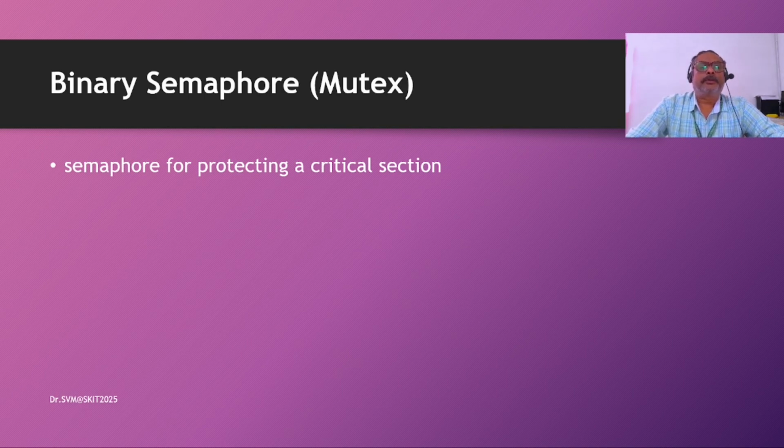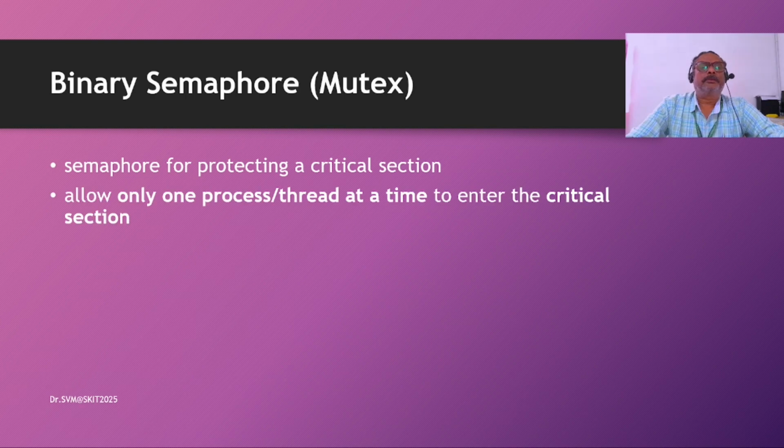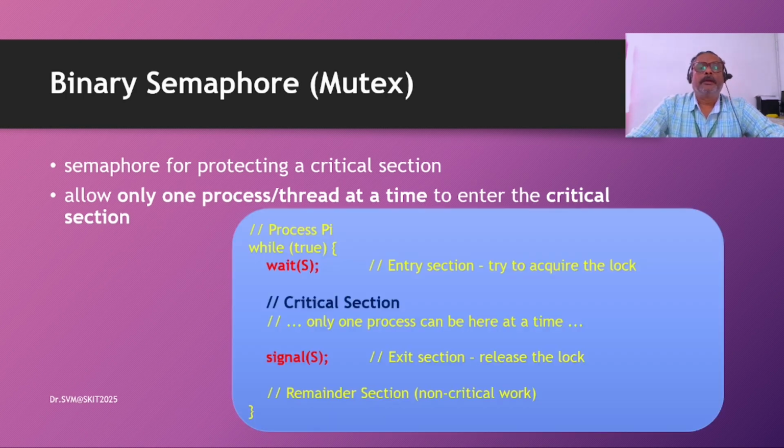This is used for protecting the critical section, and allows only one process or thread at a time to enter the critical section. Before getting into the critical section, we just wait, and if the wait condition is false, then it gets into the critical section. Once the critical section is done, then we signal.